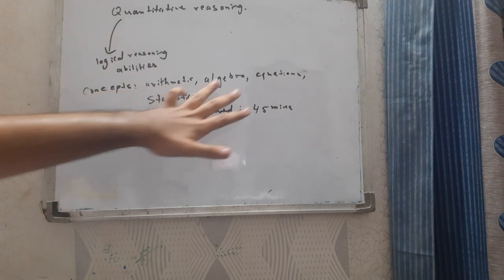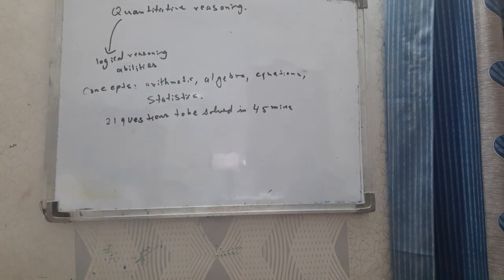I would say this is basic maths which you would have done in your secondary or higher secondary classes. If you have some basic ideas about how to solve linear equations or some quadratic equations, you can go about this. And in statistics, usually basic mean, mode, median are asked, and only basic algebra questions are asked.